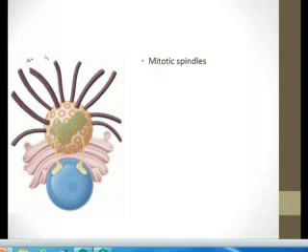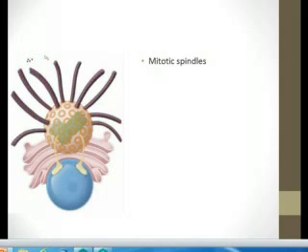Now, how do the anti-cancerous drugs play their role in halting the growth of the cells?